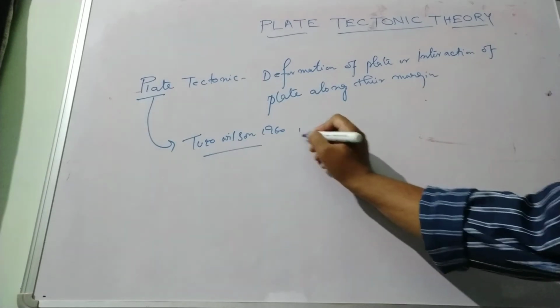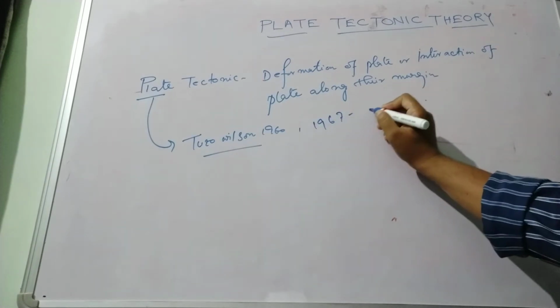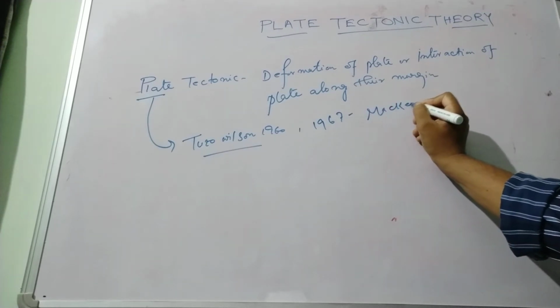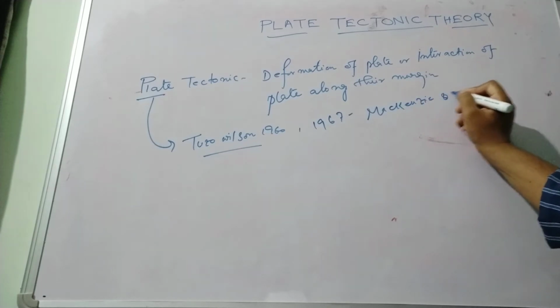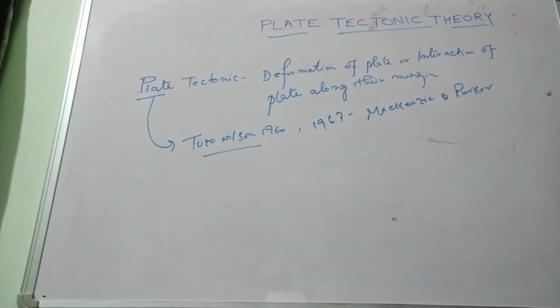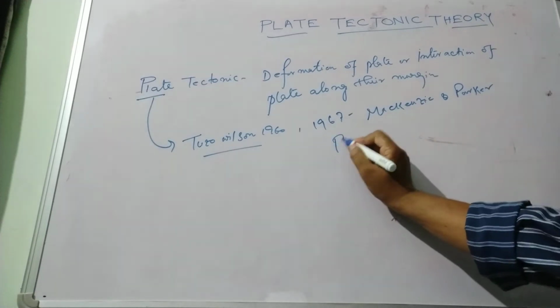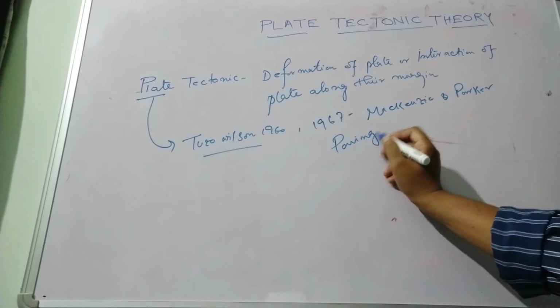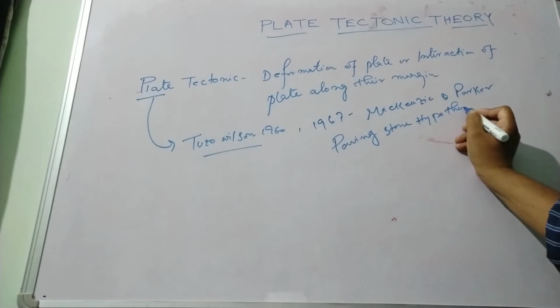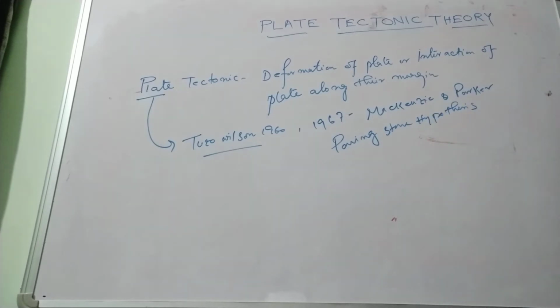After that, in 1967, McKenzie and Parker presented a paving stone hypothesis to represent the oceanic crust, and they also described this plate tectonic theory.